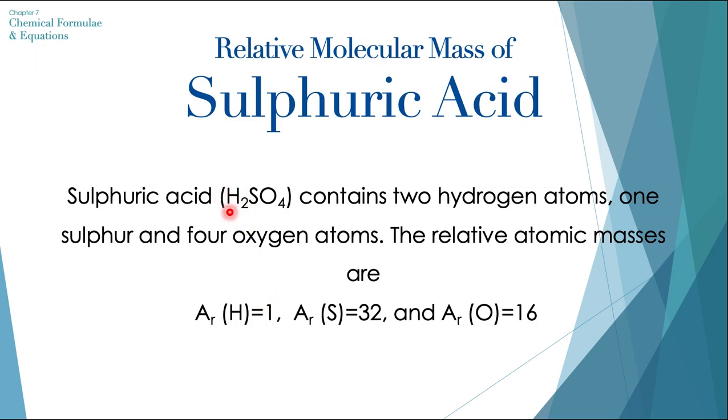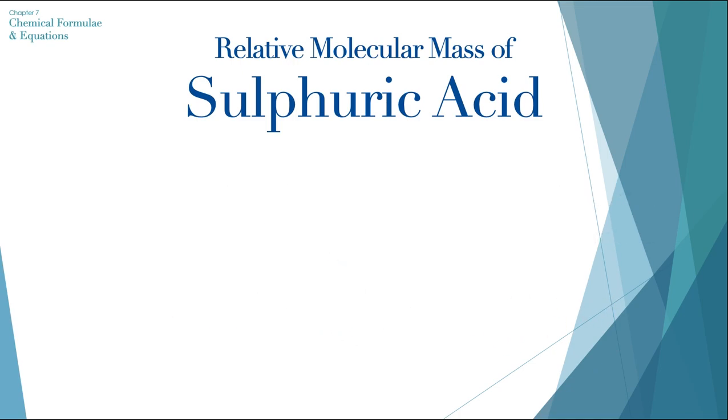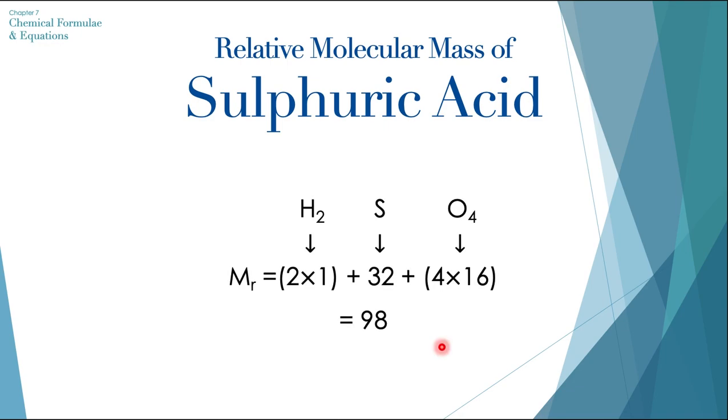If hydrogen is 1, we multiplied it by 2 because there are 2 atoms of hydrogen. Oxygen is 4, we multiplied its relative atomic mass by 4. And then we have sulfur, but it's only 1 atom of sulfur, so we kept it 32. And then we added all of them, we got 98. So 98 is the relative molecular mass of sulfuric acid. Each molecule of sulfuric acid's mass is 98.